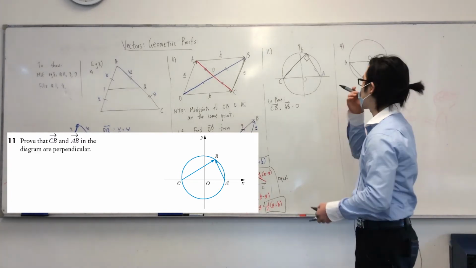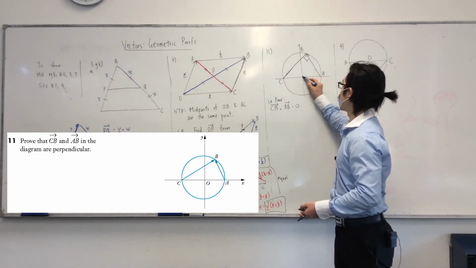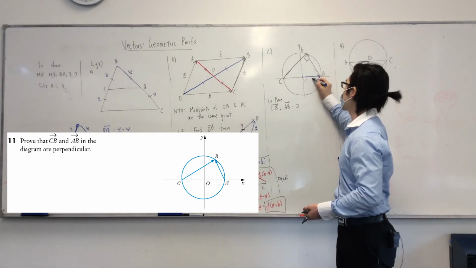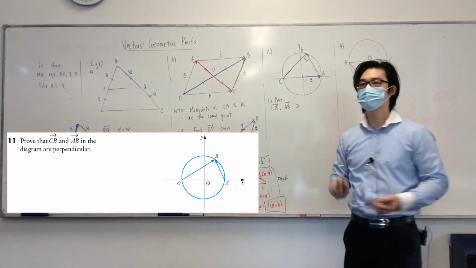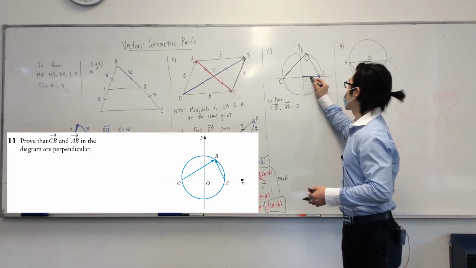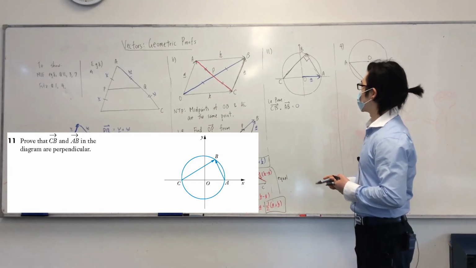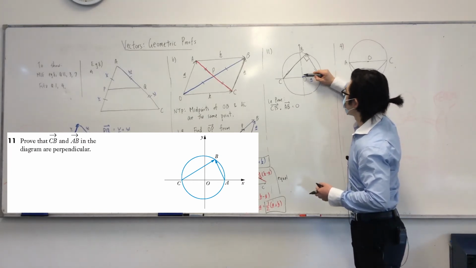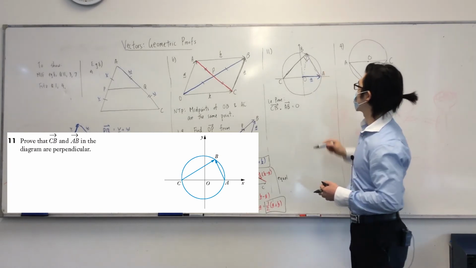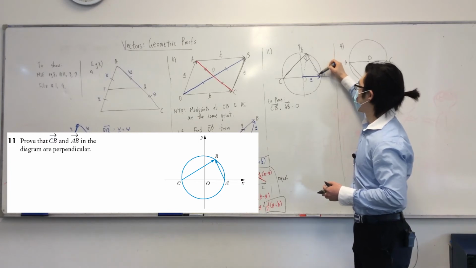Now the tricky thing with this one is because it's a circle, you want to start by labeling this vector to be some random vector. Let's call it A. That's the first step that most students won't be able to see unless they've seen this question. What you actually want to do is separate this triangle into two, like this, because we want to try and get an expression for AB.